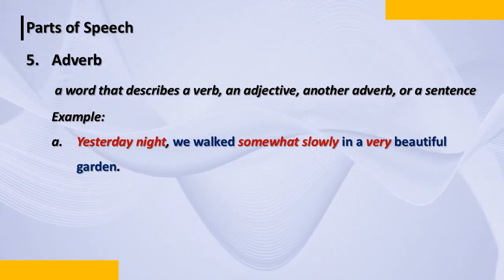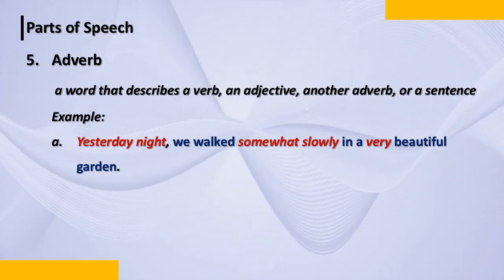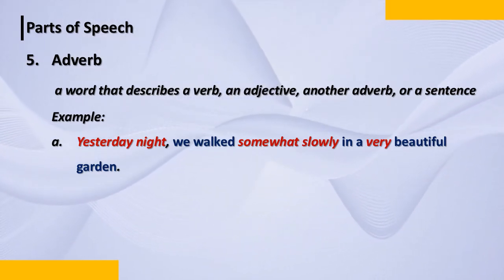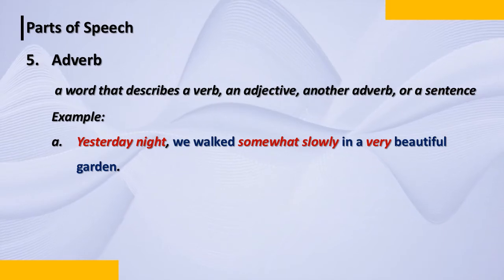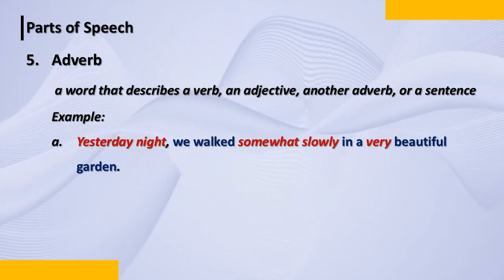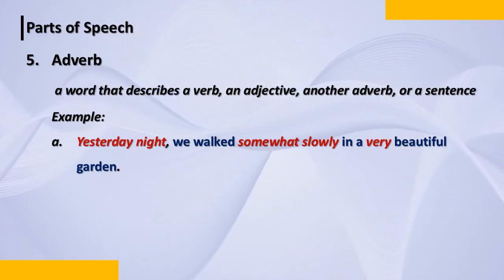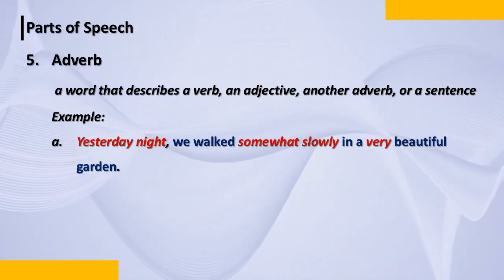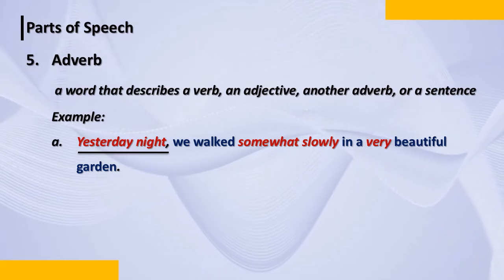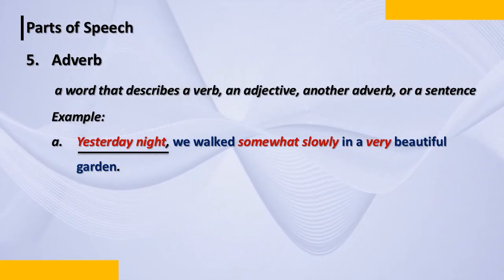How? Let us see the example to understand. Yesterday night, we walked somewhat slowly in a very beautiful garden. Yesterday night, I'm talking about something which I did yesterday. The very first adverb is yesterday night.